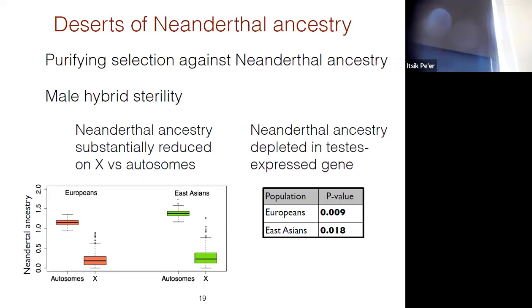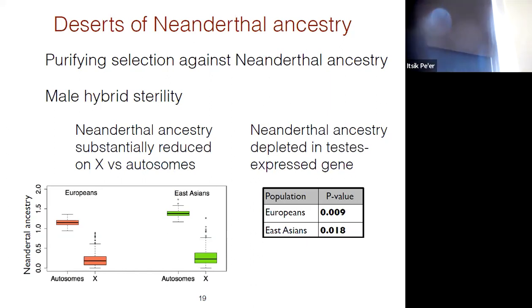The hybrid sterility model makes the prediction that genes which are involved in hybrid sterility tend to be concentrated on the X chromosome versus the autosome. When we look at the Neanderthal ancestry on the X versus the autosome, we find it is substantially lower on the X, both in Europeans and East Asians.